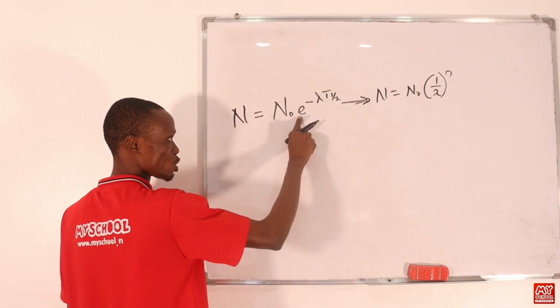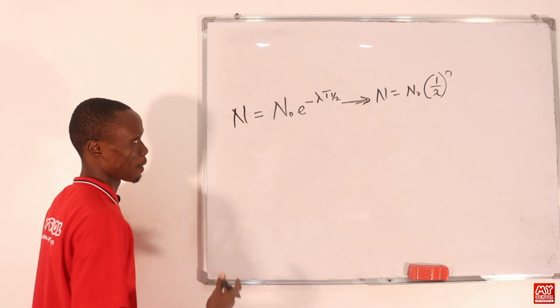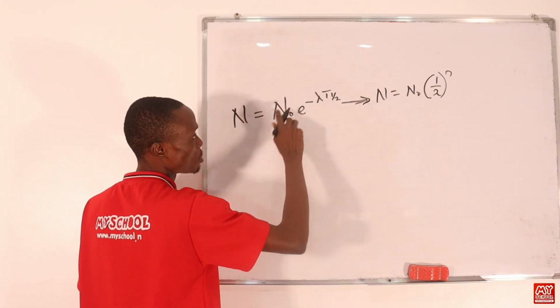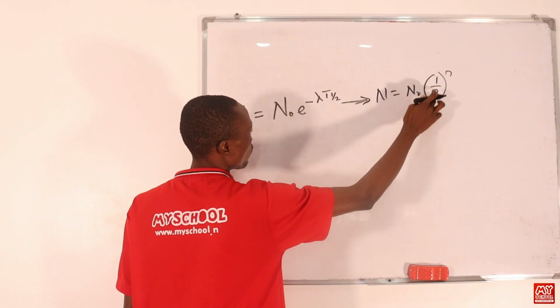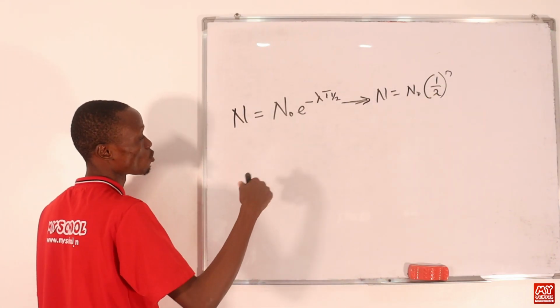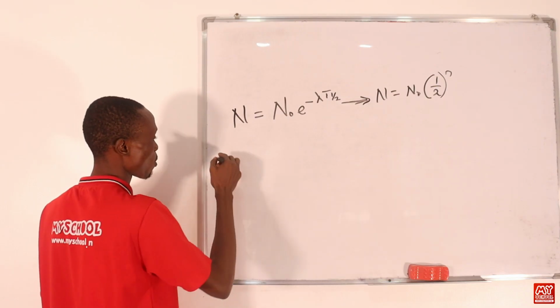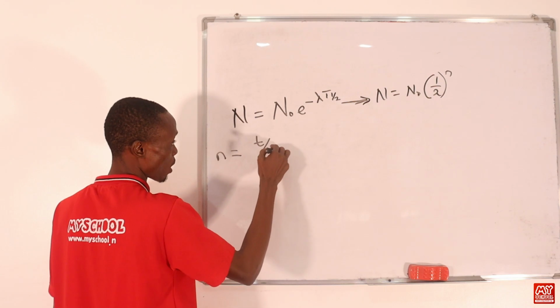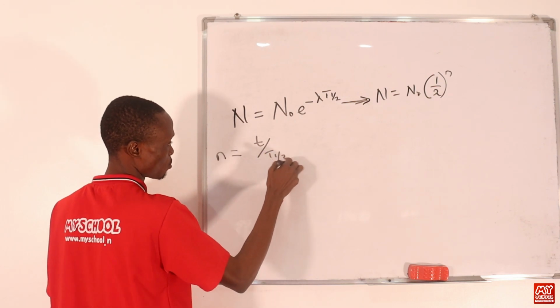So this equation implies this. Now remember that n there means the number of half-lives, and the number of half-lives n is equal to t all over half-life.